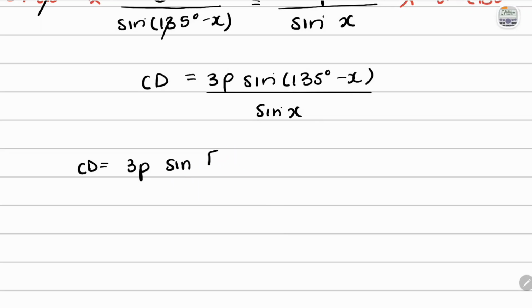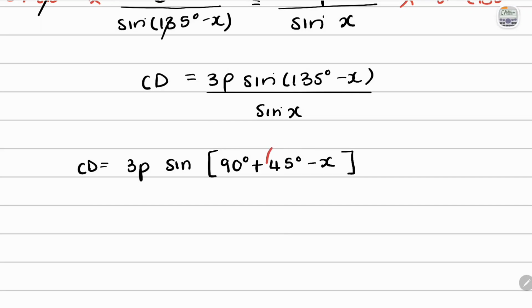And now if you break it up into 90 degrees and the other angle that you have, you're going to have 90 degrees plus what angle gives you 135 degrees, plus 45 degrees. Okay, so remember, we are not changing anything. We are just changing the way it looks, but it still has the same value. Okay, 90 plus 45 is 135, and then minus X. So we can actually use cofunctions here.